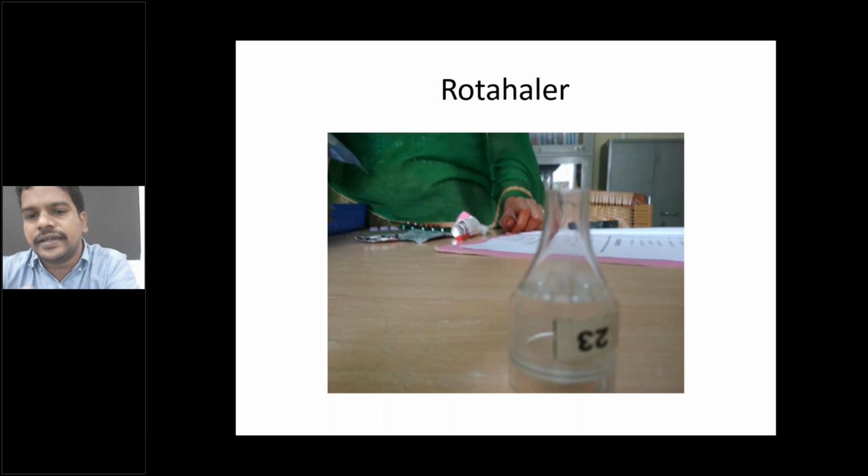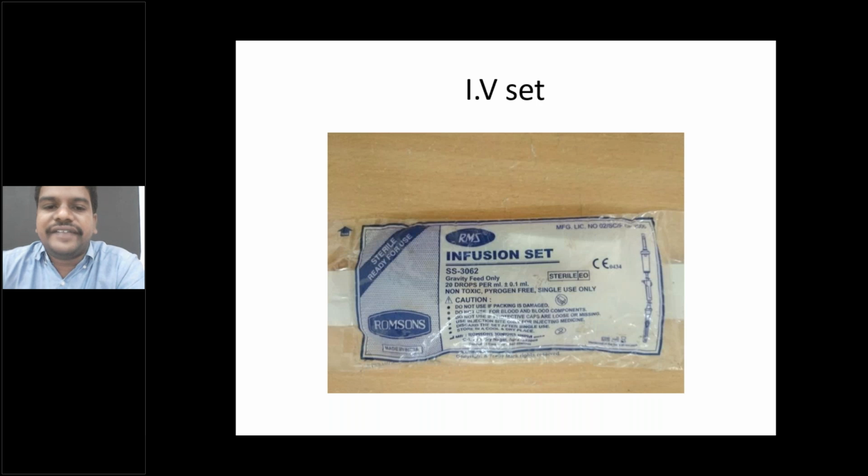If you have any asthmatic patients in your family, they will use this rotahaler. Some people use metered dose inhalers. Rotahaler drugs administered are salbutamol and beclomethasone.